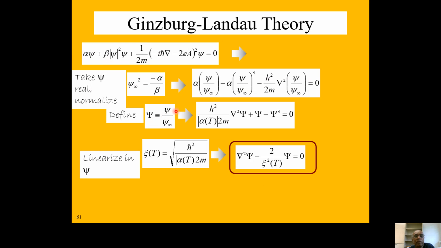Now if I write this psi over psi gamma as some different psi function, you can actually get some very symmetric function like this. But if you linearize this function, you get grad squared psi equals minus 2 over this one. So you can see this is again a second order differential equation.